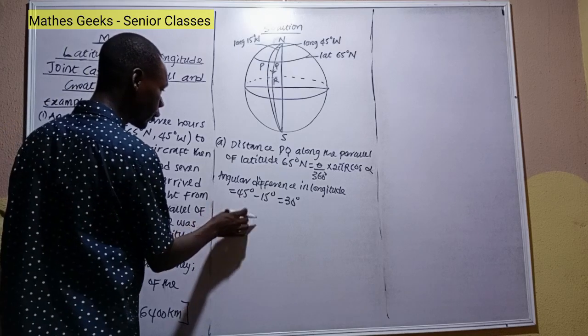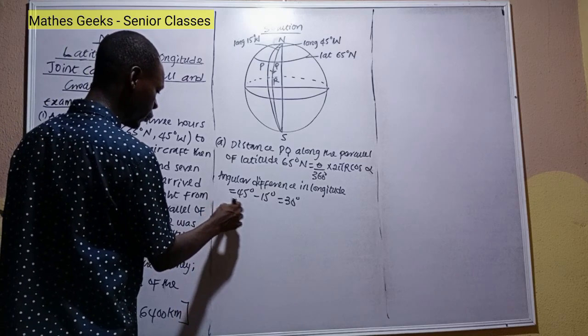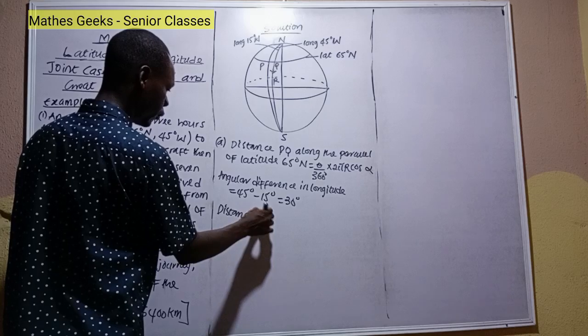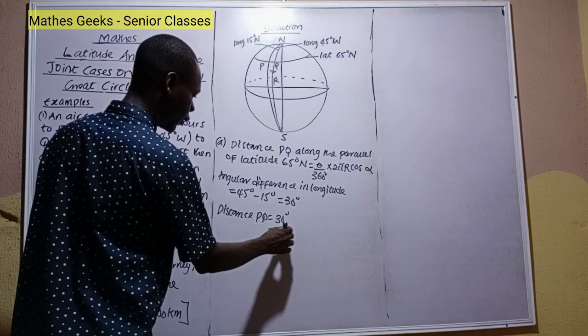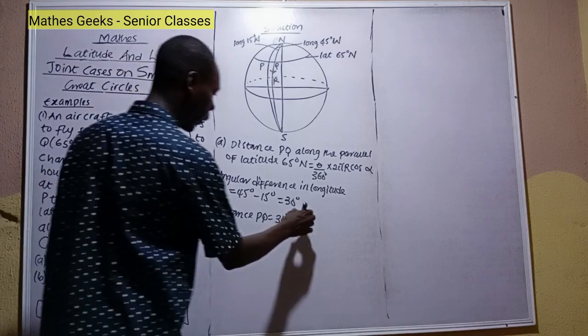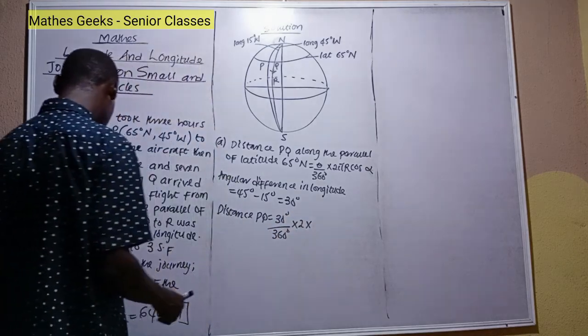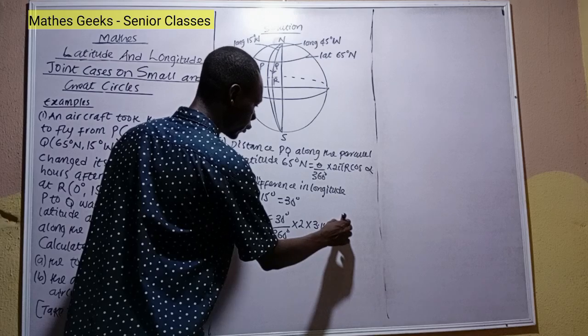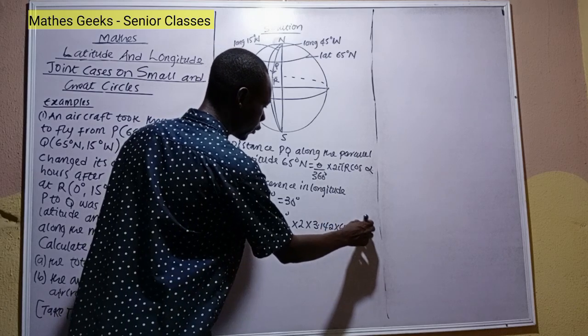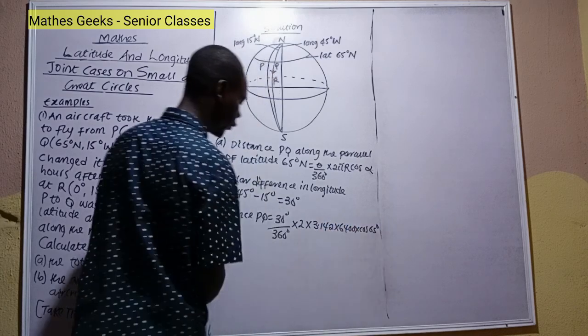And next is distance PQ. 30 degrees divided by 360 degrees times 2 times pi, which is 3.142, times 6,400 times cos 65 degrees.